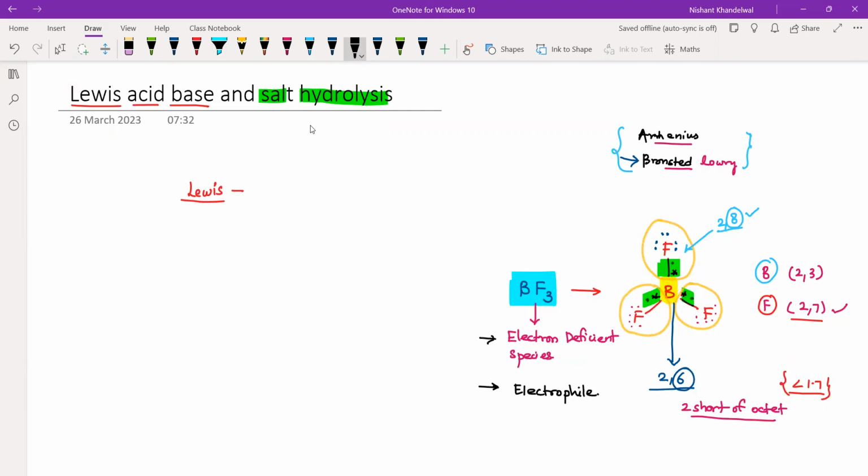If you break down this word, electro means electron and phile means loving. So these species are seeking an electron pair. Why electron pair? Because it needs 2 electrons, so I am talking about a pair. These species are known as electrophiles. Is this clear to you? Okay. Now let me take you to another example, the case of NH3, that is ammonia.